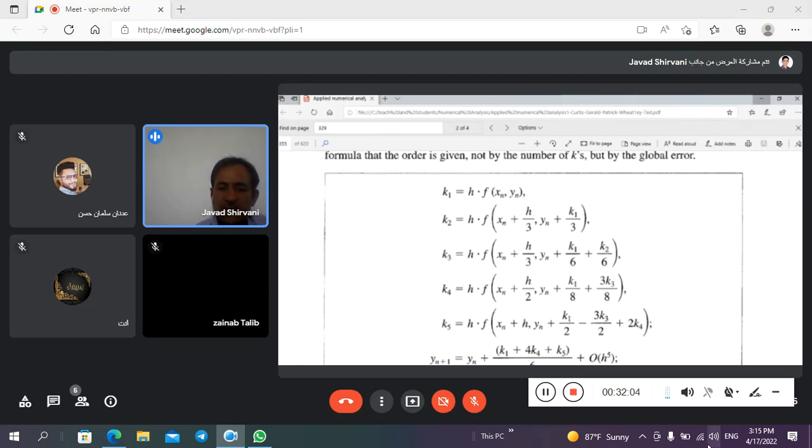And we have another, k5, equals h multiplied by f(x_i, y_i).